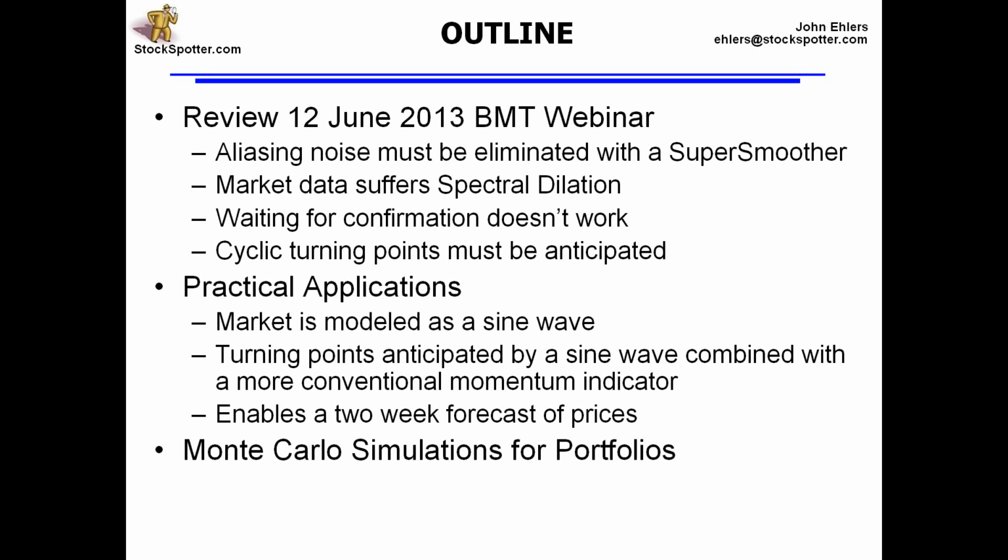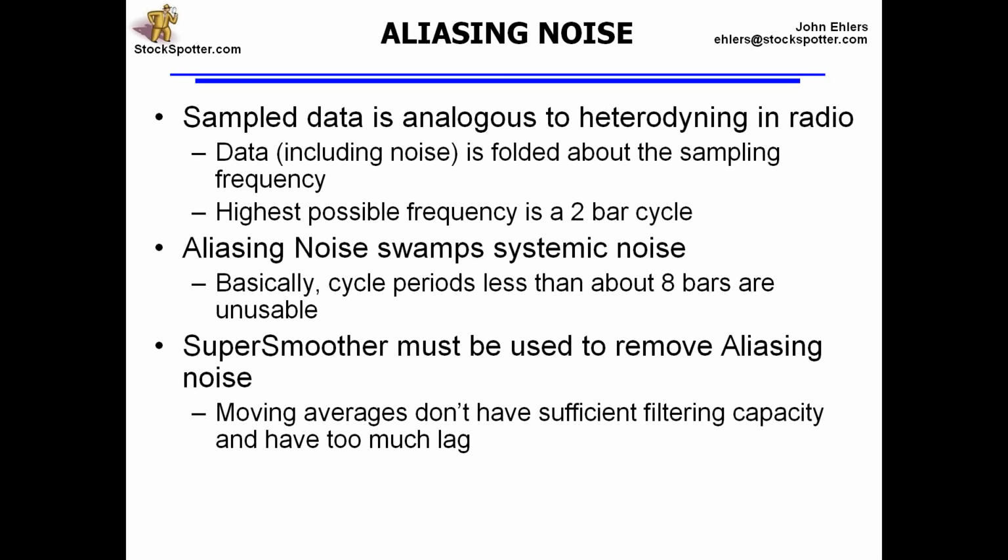So let's jump into it with the aliasing noise. Aliasing is a particular kind of noise. We're using sample data. That is, if we use daily data and on closes, we're taking one sample per day. And I don't care if you use high plus low plus close over 3, it's still one sample in the day.